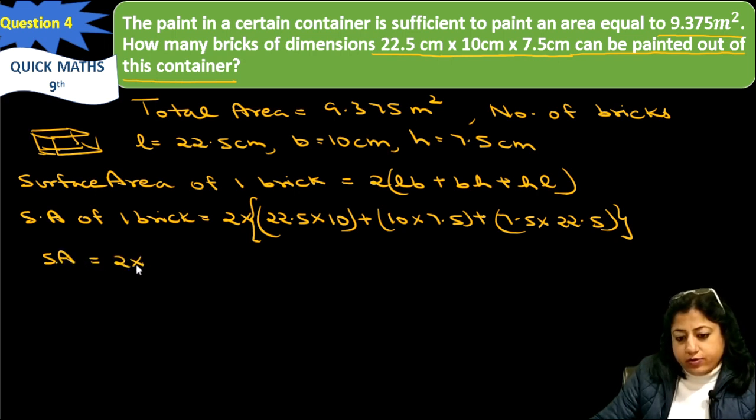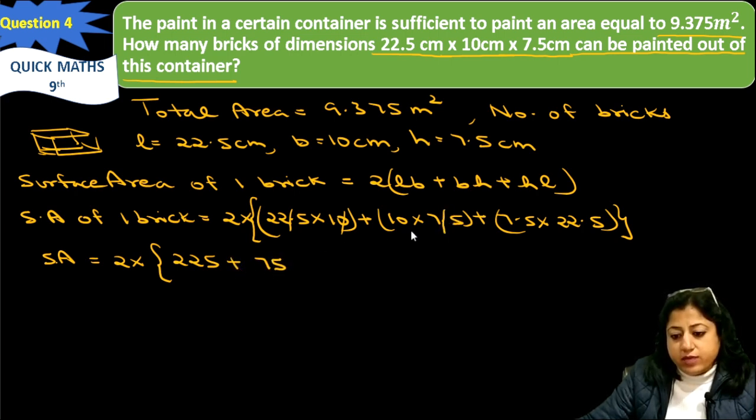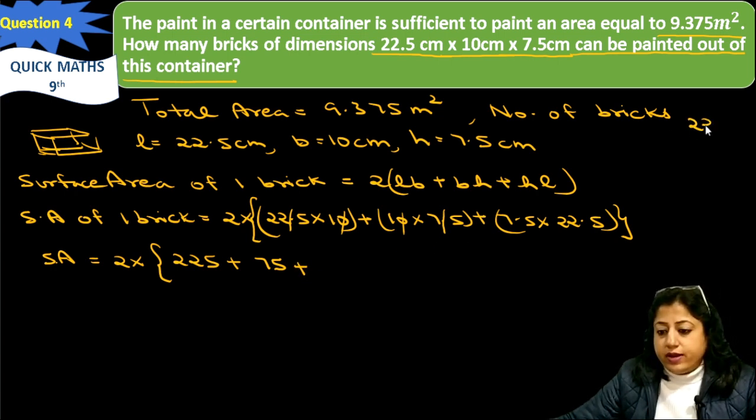the surface area as twice of 225 plus 75, because the decimal will be cancelled by the 0, plus now we calculate 225 into 75.